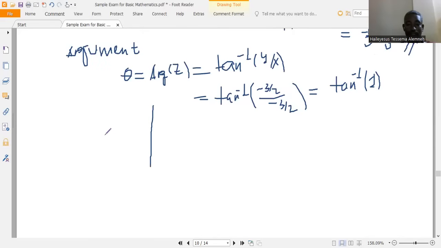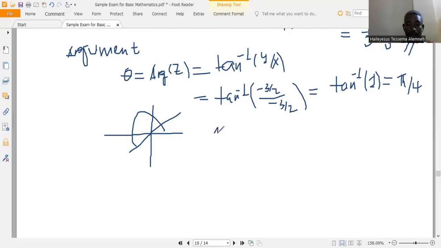Therefore, the complex number is in the third quadrant, and the reference angle is pi over 4.